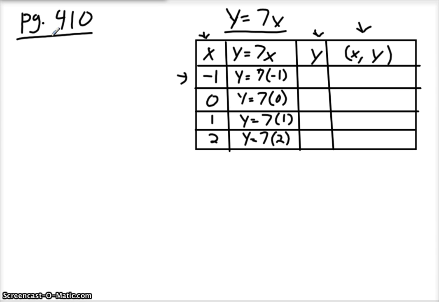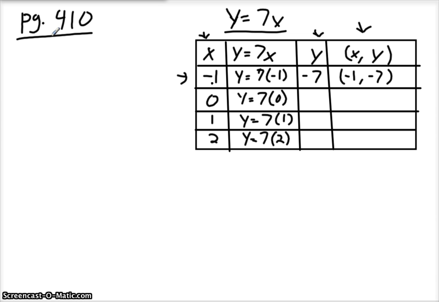For example, we're just going to start with -1. When we plug in -1 into our equation, our y will be -7. So if x equals -1, then y must equal -7. We write that as our ordered pair: -1, comma, -7. Our x and our y.